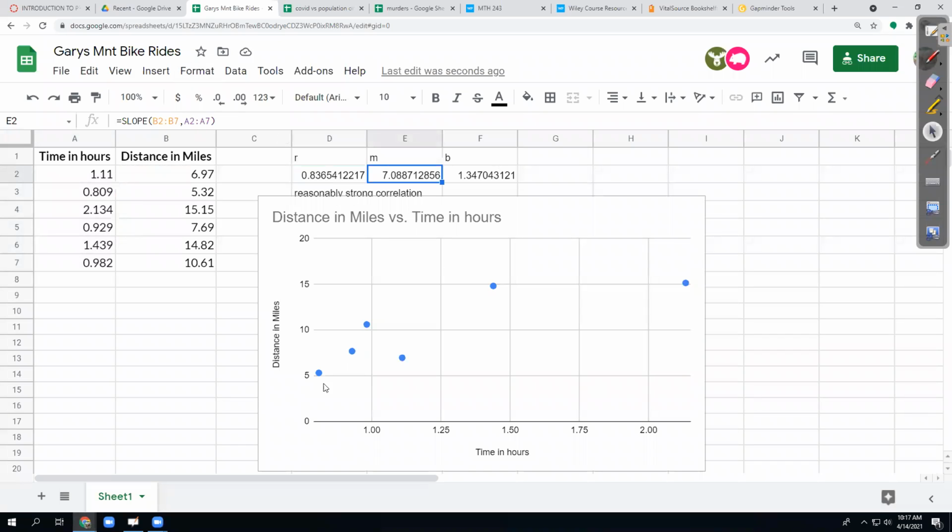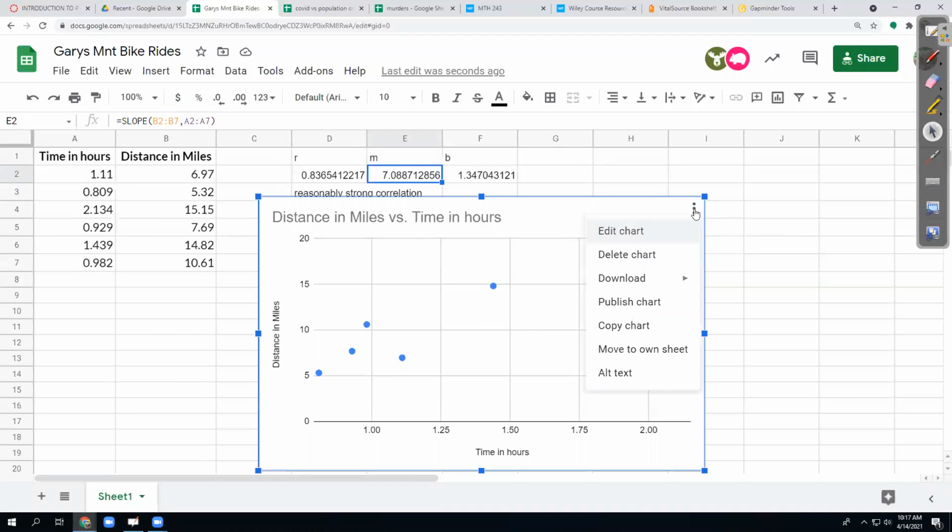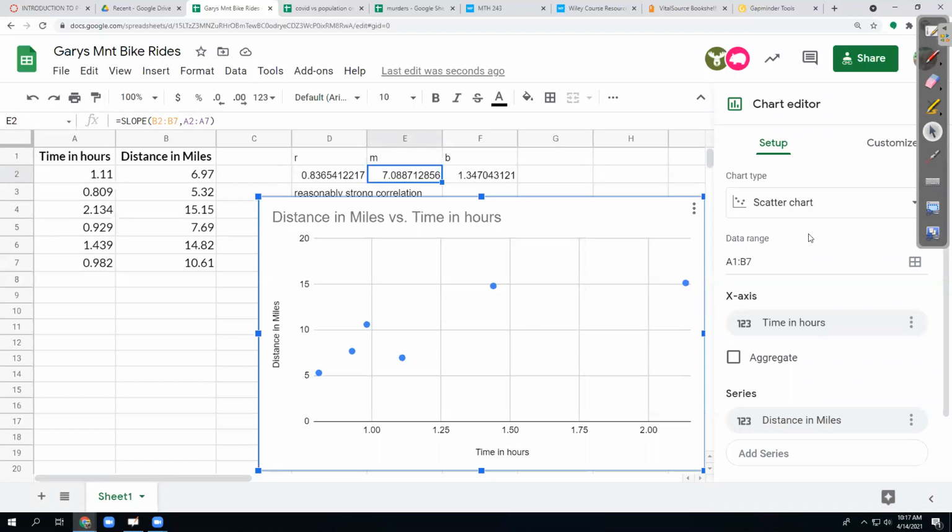So I'm just kind of imagining a line passing through here. And let's see, 0 isn't even on my graph, so I'm just going to tweak this a little bit just to imagine what's going on here before I edit. I'm trying to think about the slope of 7 and this y-intercept of about 1. Does that seem reasonable when I look at these points?